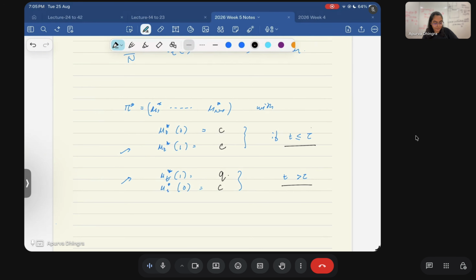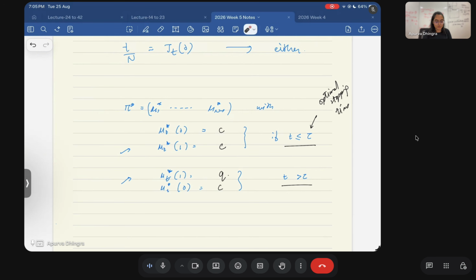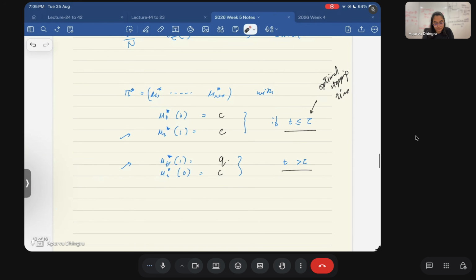So this is the optimal time. And at that optimal stopping time, this is the policy that should be chosen in the kind of problem that we're talking about. If you do that for all the time steps, this would become an optimal policy.